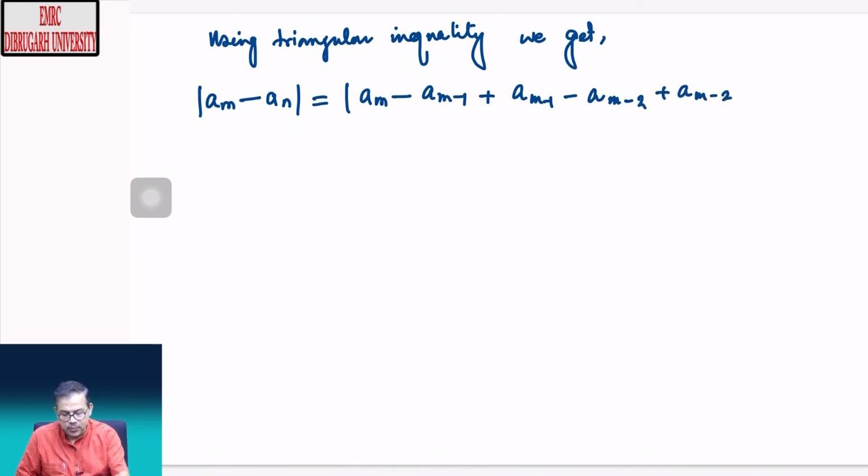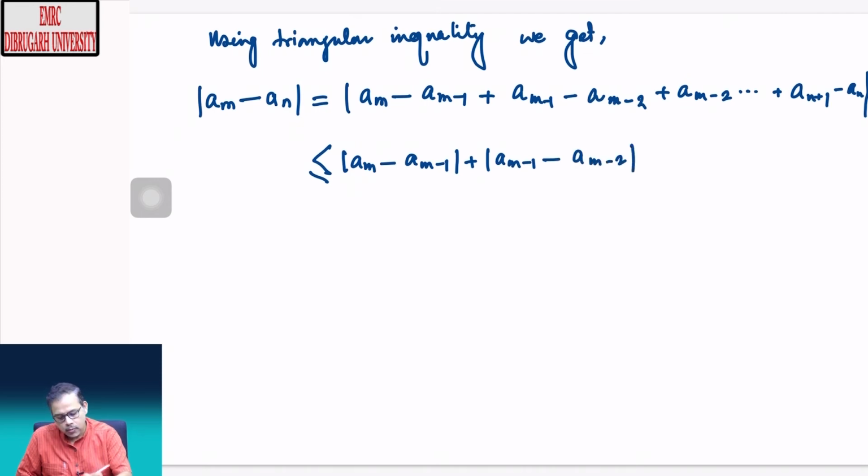I am just adding and subtracting the in between terms of the sequence, and if it goes like this, finally we will get |a_{n+1} - a_n|, and that is less than or equal to the sum of the terms m minus 1, m minus 2, and so on. Finally, it is |a_{n+1} - a_n|.